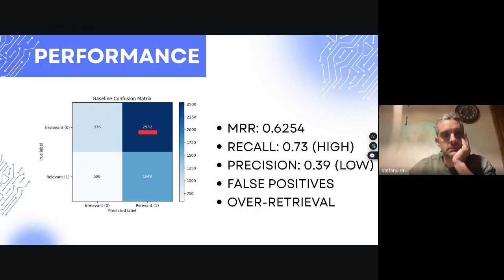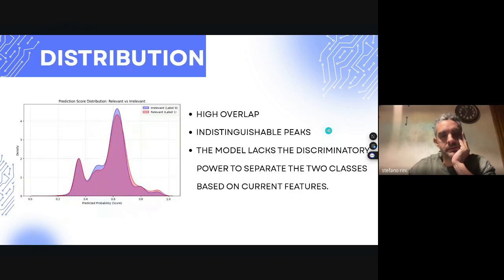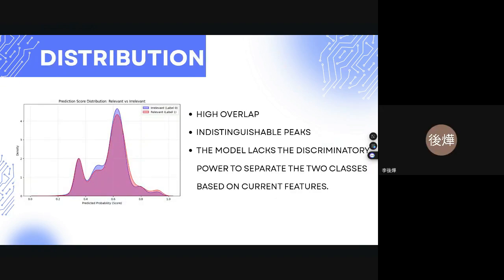Excellent. To understand why we have so many false positives, we analyze the prediction score distribution. Ideally, the blue curve, which indicates irrelevance and is labeled 0, should be on the left, and the red curve, which indicates the relevant parts, should be on the right.